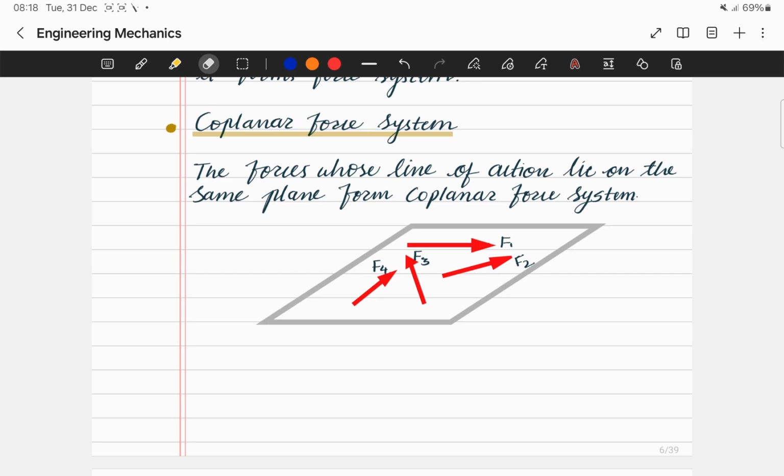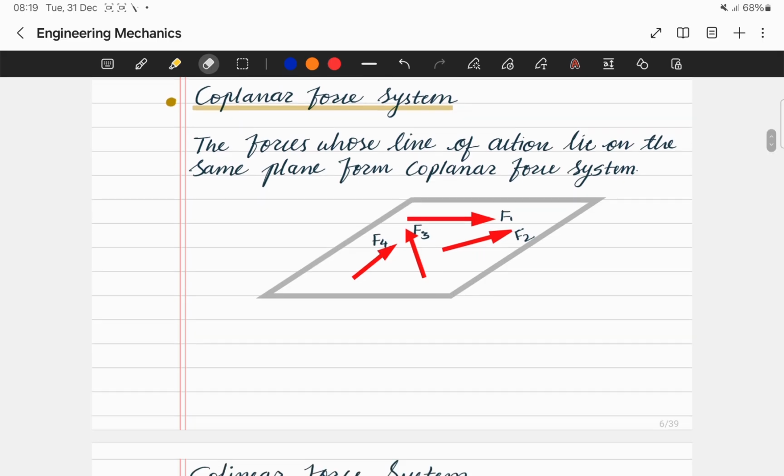Here we have shown four forces, F1, F2, F3 and F4, acting on the same plane. As the plane is the same, we can say coplanar. So these forces form a coplanar force system.